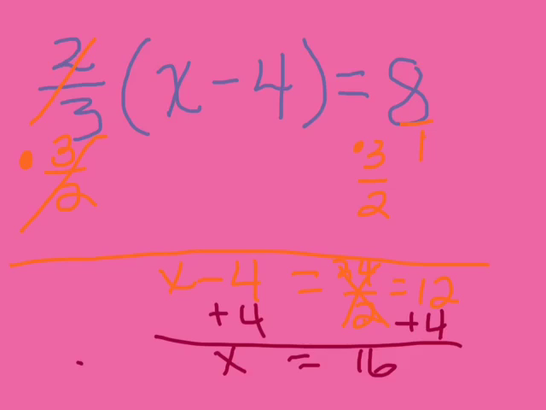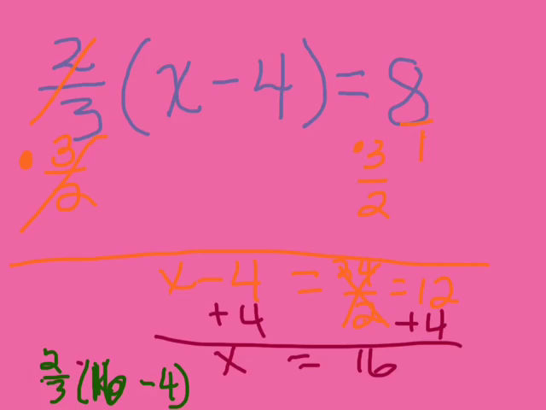Again, you're going to want to do your check step and make sure everything works out. So I have 2/3 times, not x, but 16, because x is 16 in this case, minus 4. Well, I know 16 minus 4 is 12, and I just need to figure out what 2/3 times 12 is.